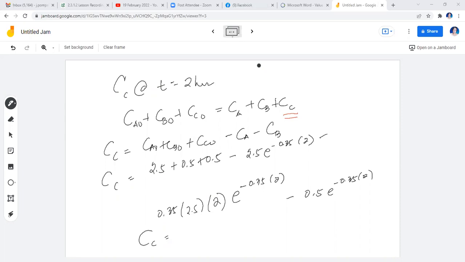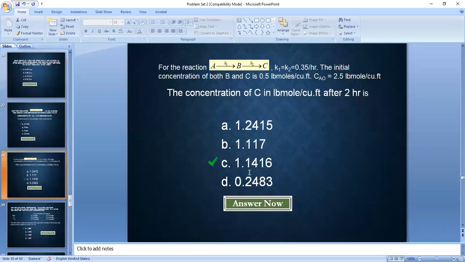Okay. So Vincent got 1.141. Okay. So that's it. So if we go back to our slide, answer is 1.141. Okay. More or less in that range of values.